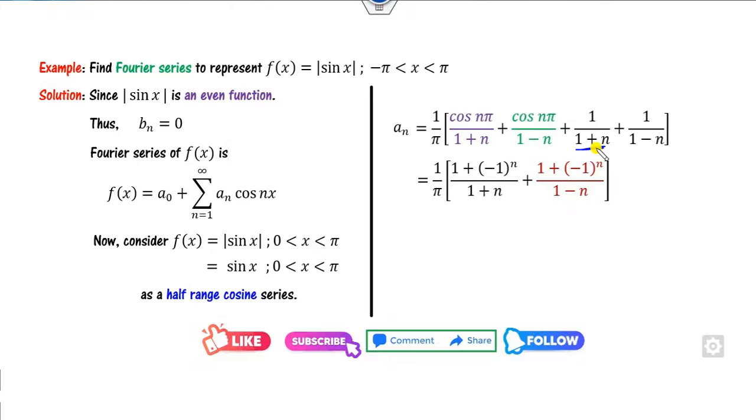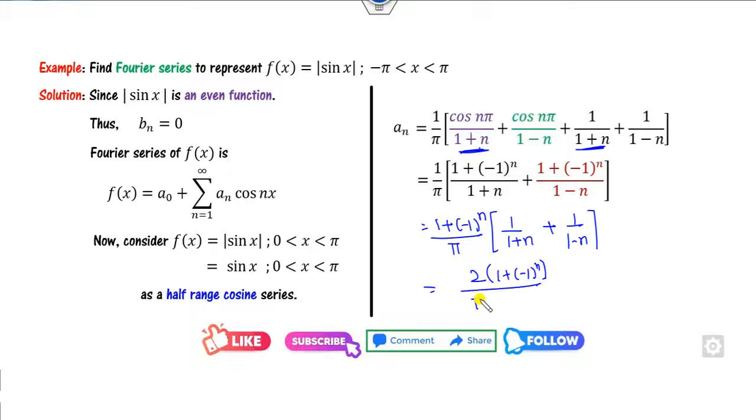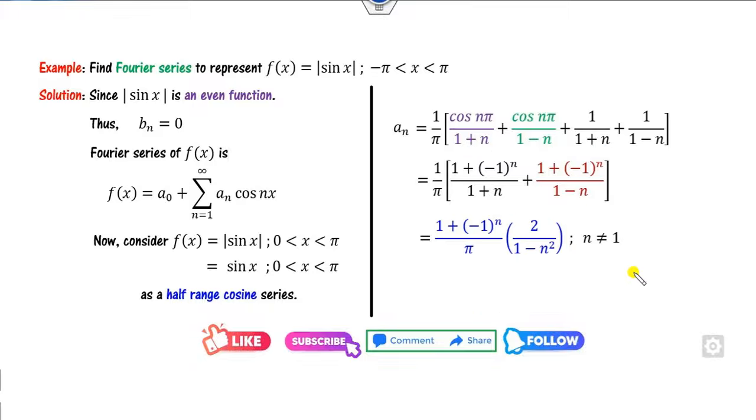I can take this and this as the LCM. Now you can take minus 1 raised to power n over pi as common. The remaining quantity will be this part. Now you can see, if you take the LCM, it will be twice of (1 plus ...) divided by pi, and this is provided n is not equal to 1.